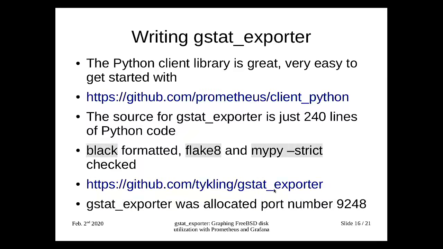It's on GitHub, and port 9248 is the gstat exporter. They don't add them to services files everywhere because they're so dynamic and there's so many of them. But they do have the page on their website or the wiki on GitHub to keep track of which ports are used by what.